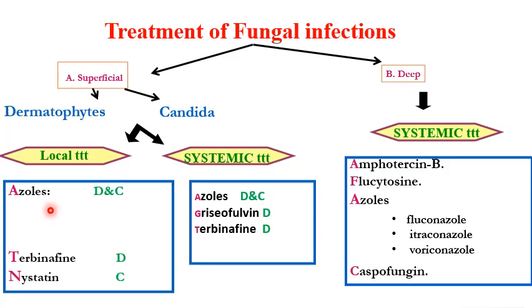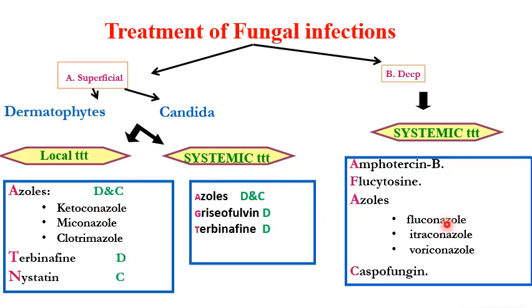The azoles which are toxic for systemic use and used topically only are ketoconazole, miconazole, and clotrimazole. So again, what are the differences between different members of azoles like fluconazole and ketoconazole?